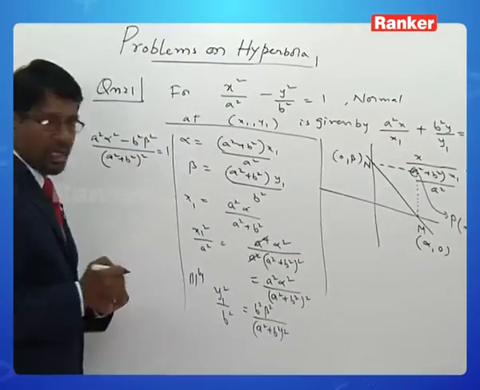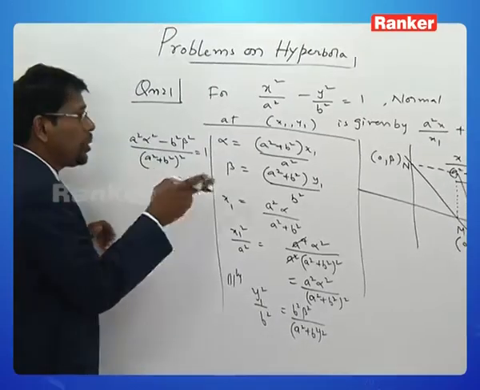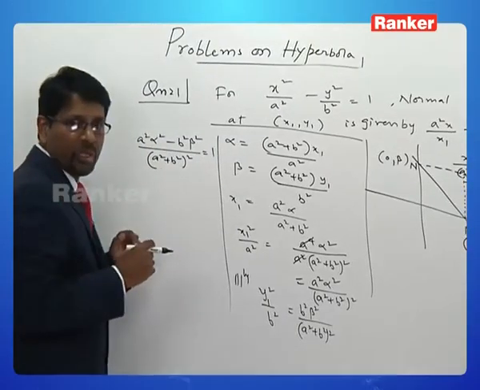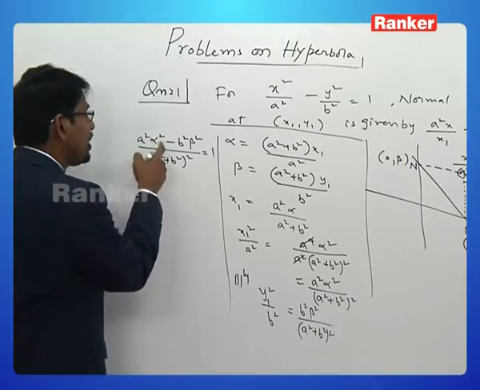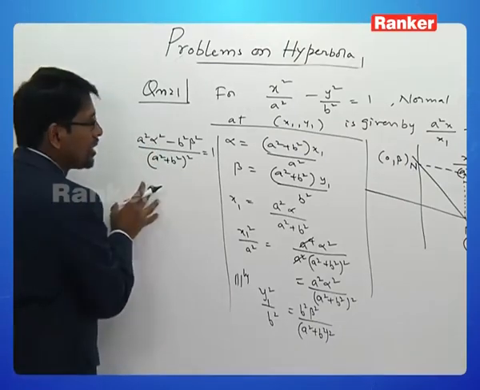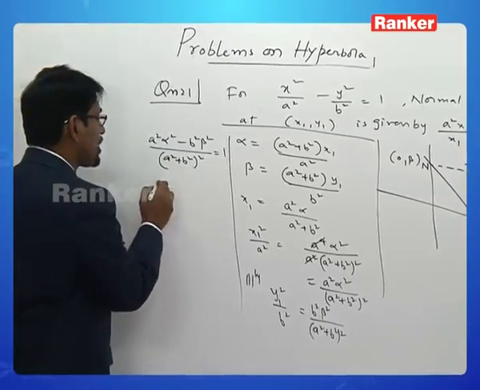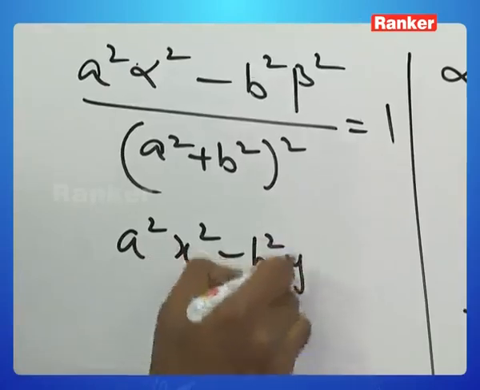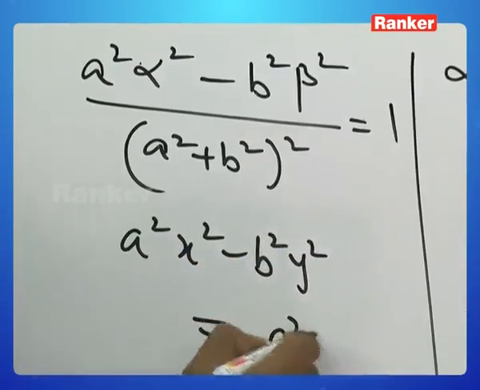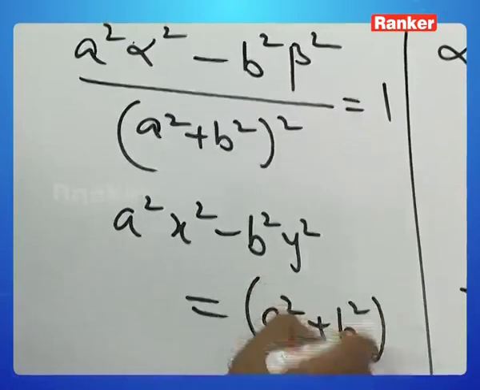Okay, which actually gives us, we wanted the locus of alpha comma beta here. So what is alpha comma beta? Instead of alpha comma beta, I can replace it by x comma y. So what we have is a square x square minus b square y square is equal to a square plus b square the whole square.